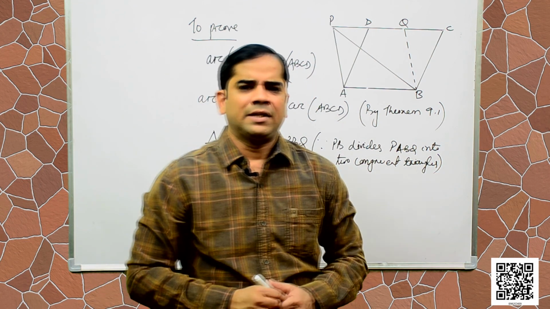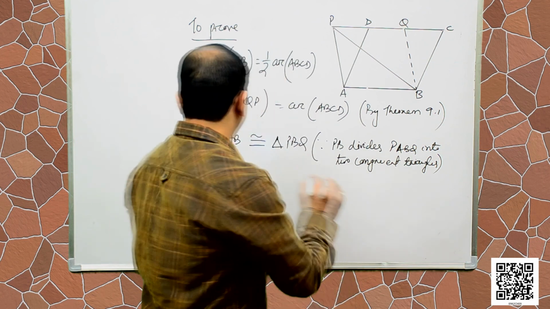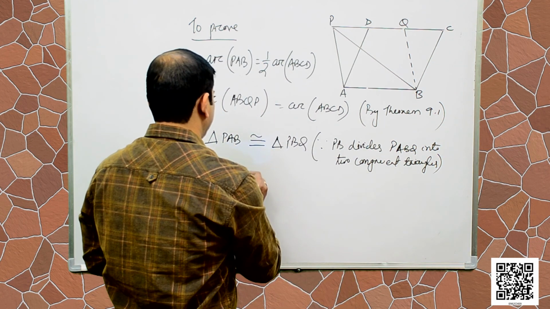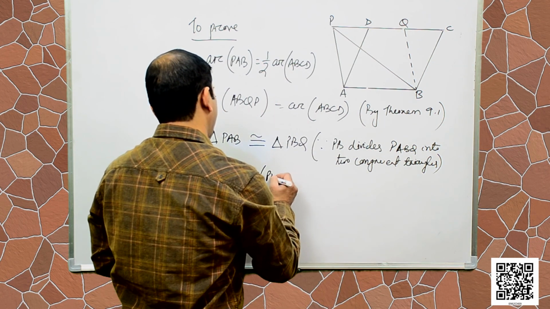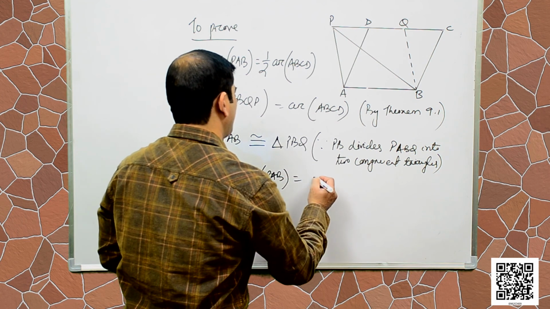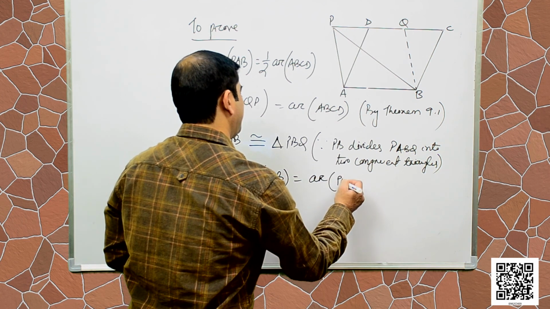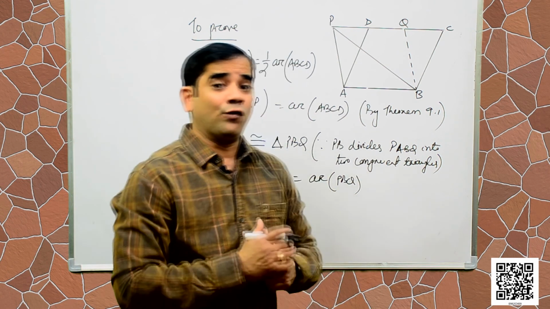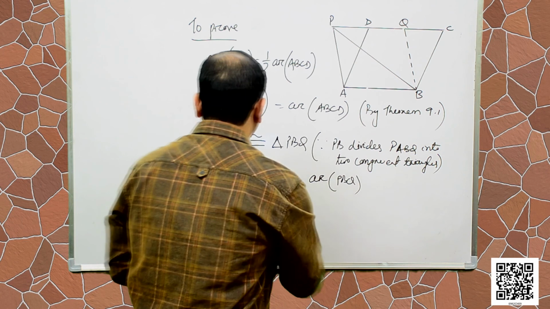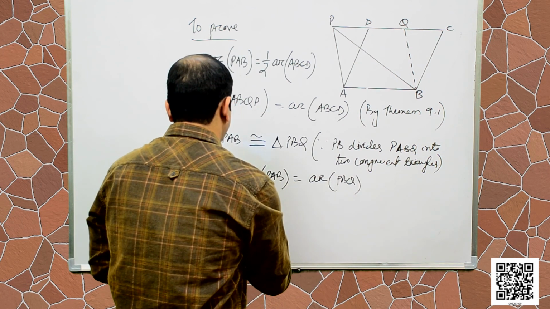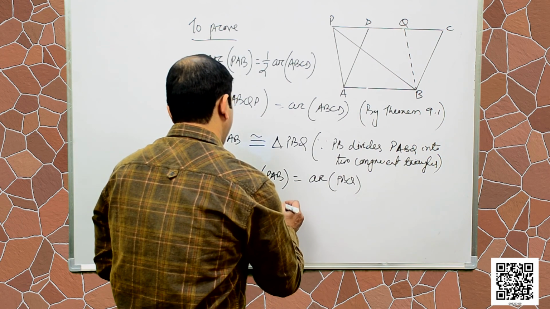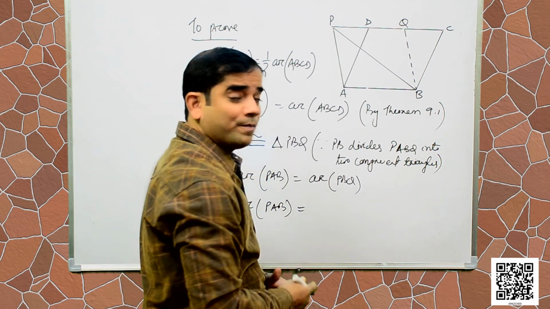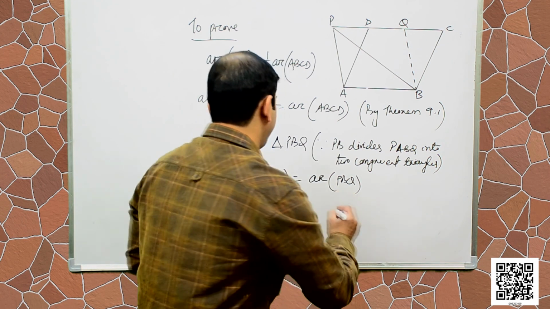That means it implies area PAB is equal to area PBQ. Therefore, area PAB is equal to half of area ABQP.